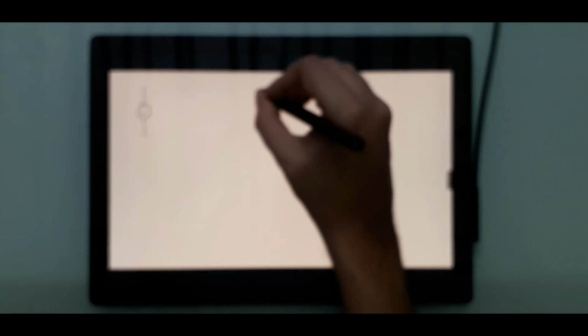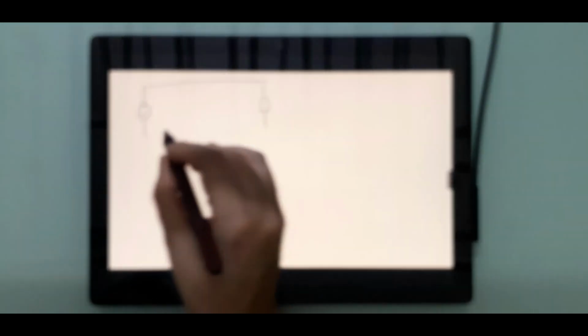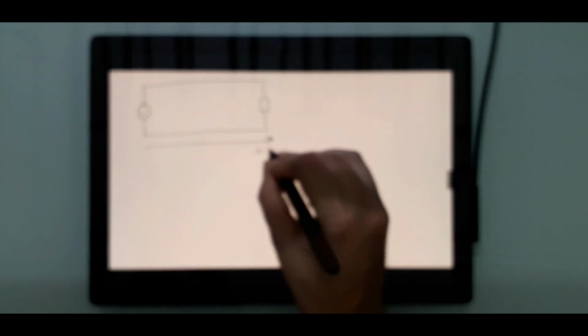We said that if there's a transmission line, where the source is trying to send some wave to the load, and the direction of sending the wave is the positive x direction.